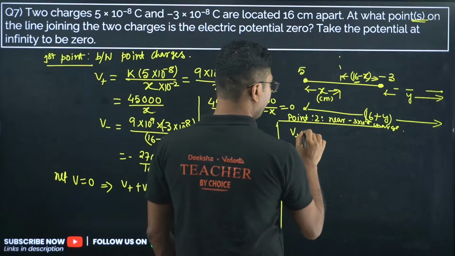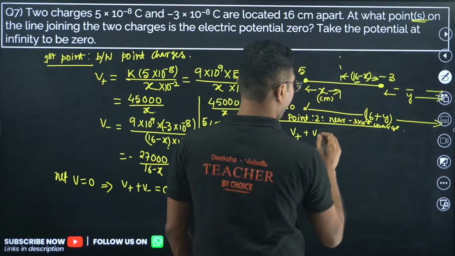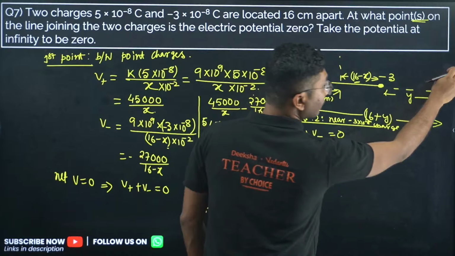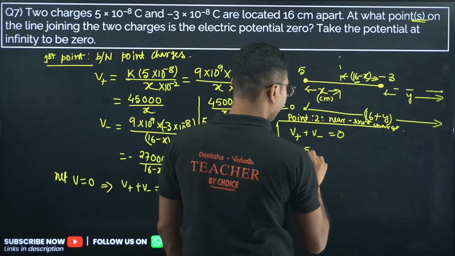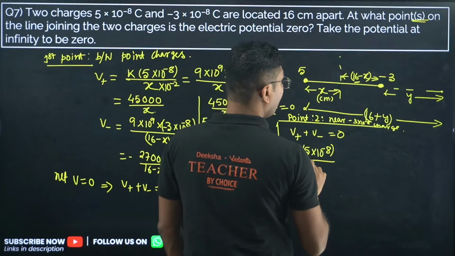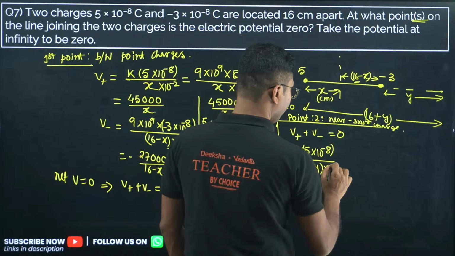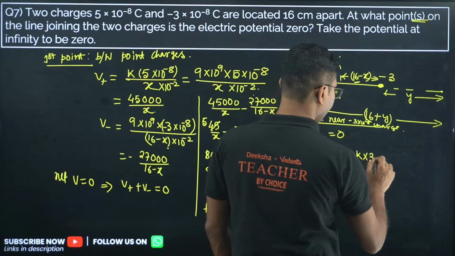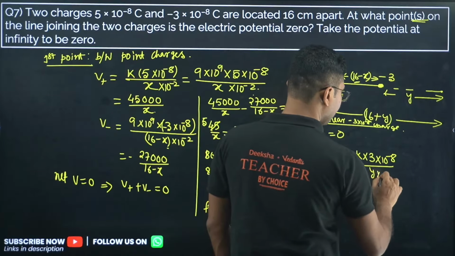V plus plus V minus equals 0, or K into 5 into 10 to the power of minus 8 divided by 16 plus y into 10 to the power of minus 2 equals K into 3 into 10 to the power of minus 8. I am just doing one step jump.